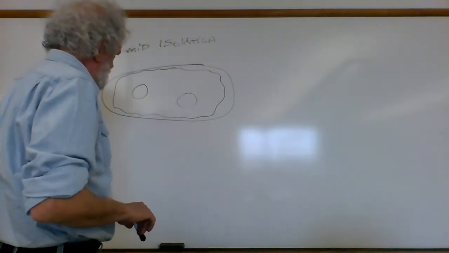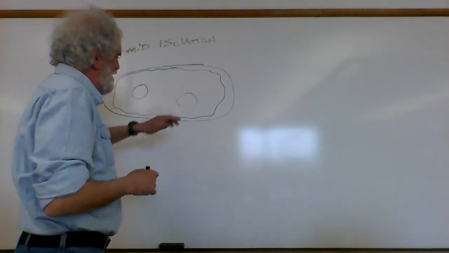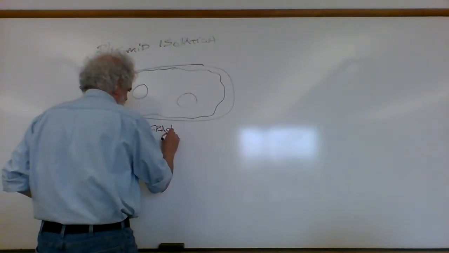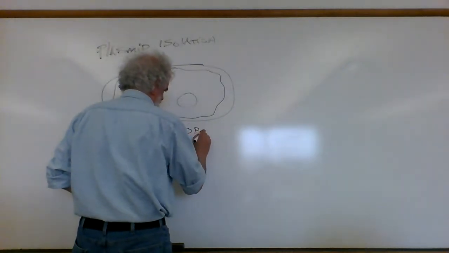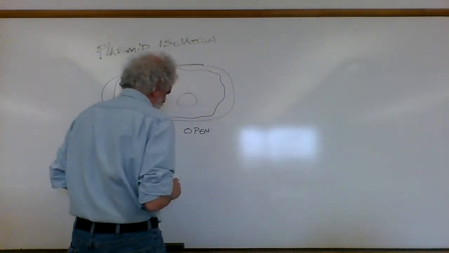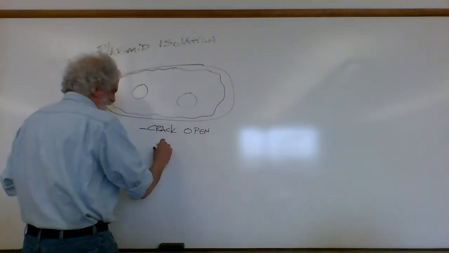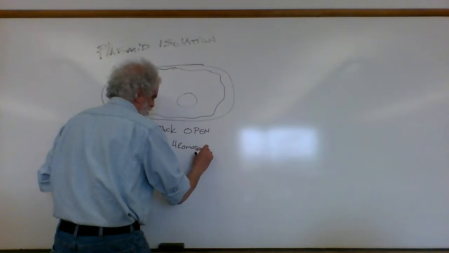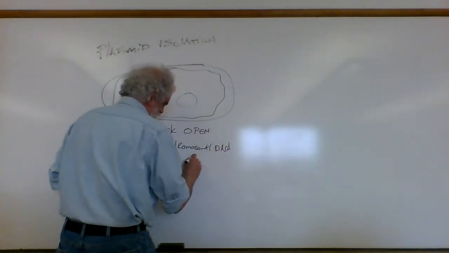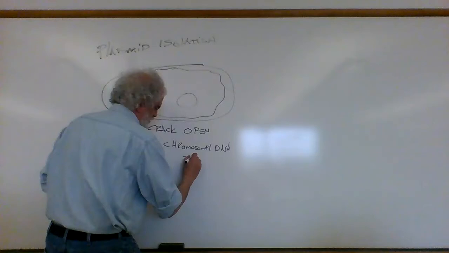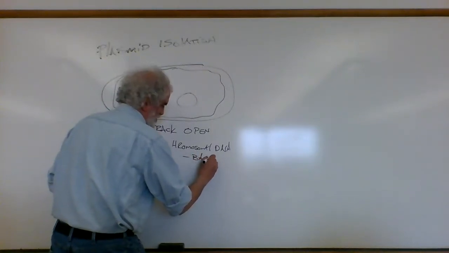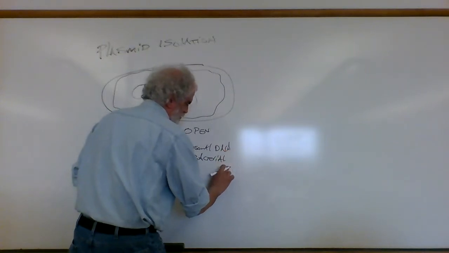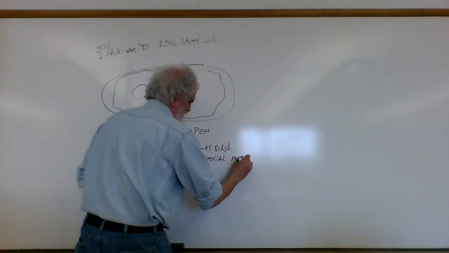The plasmid is free-floating. And if we crack open the bacteria, like a little egg, crack open the bacteria, the chromosomal DNA will be associated with the bacterial debris, the bacterial membrane cell wall complex.